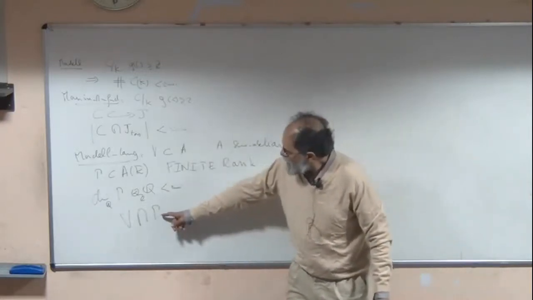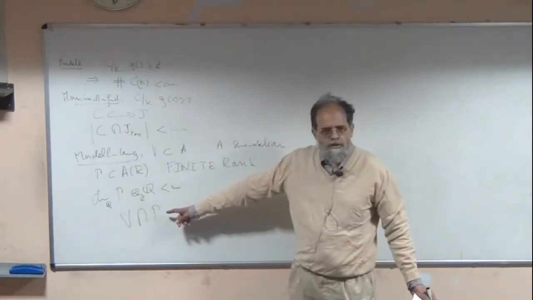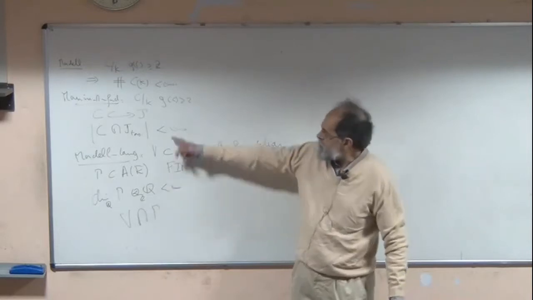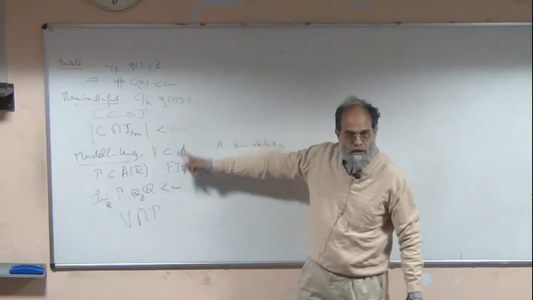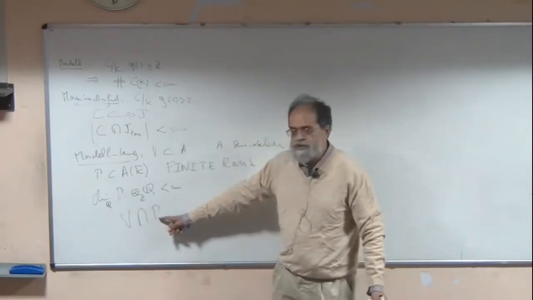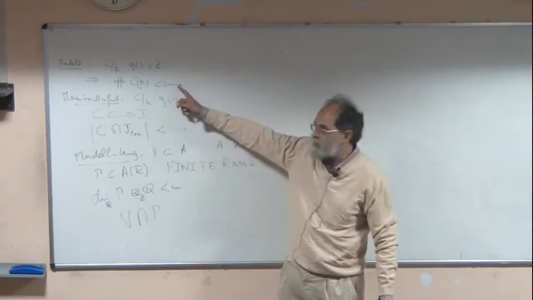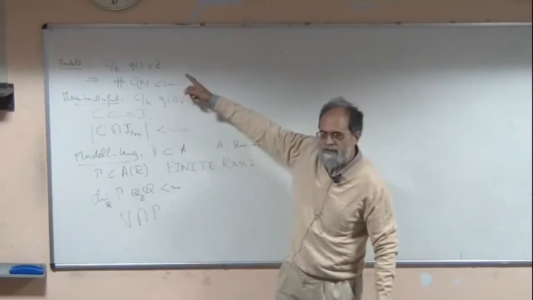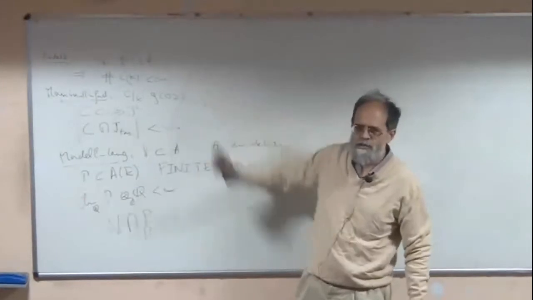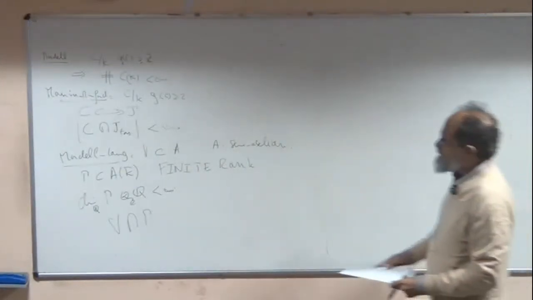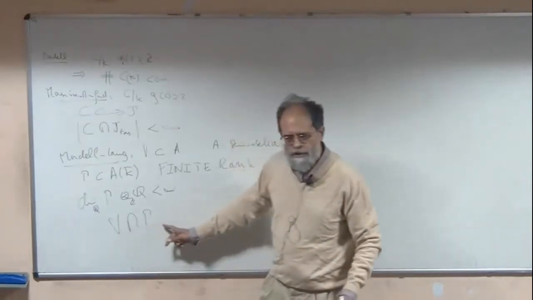So if gamma is just the set of torsion points of A, this is case 1. And if gamma is just the Mordell-Weil group of the Jacobian, then this is case 2. The Mordell-Weil case is just the Mordell conjecture. So you expect that this set is a bit special.